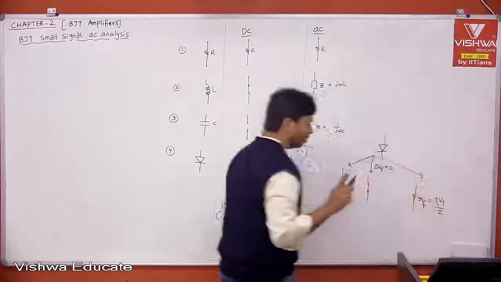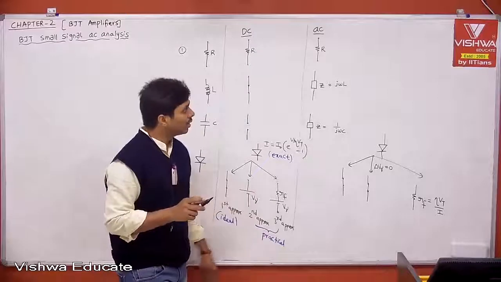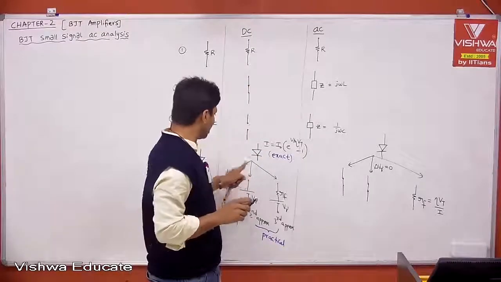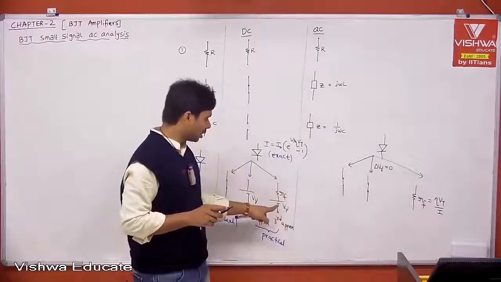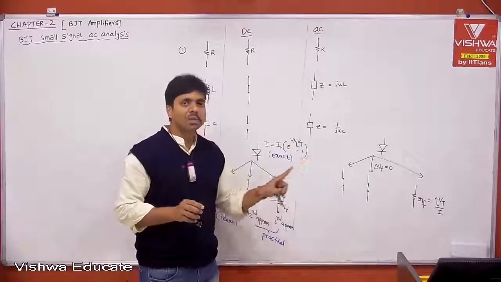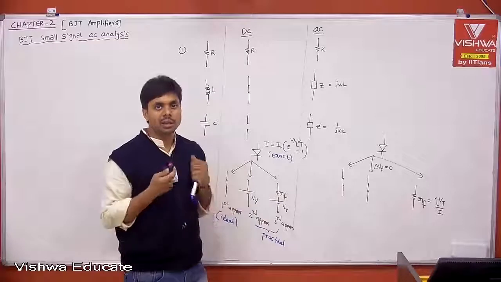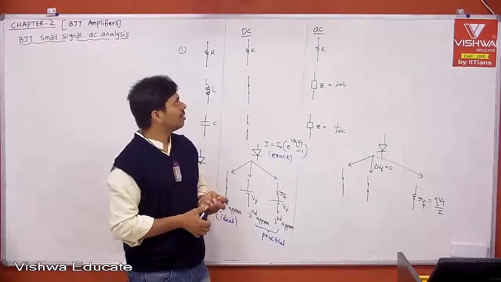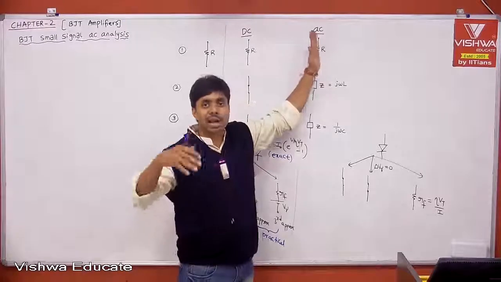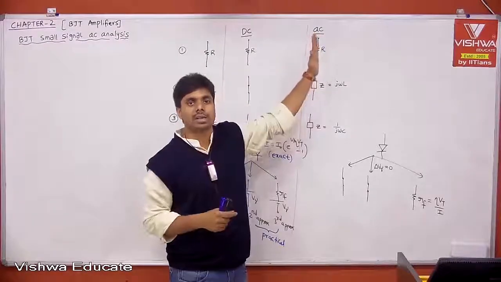Let me tell you a very important note. During AC analysis, if you take your PN junction diode as some forward resistance and short the V gamma, meaning V gamma is 0, remember that is for our understanding and analysis purpose. While doing AC analysis, we are analyzing the circuit for AC signals.